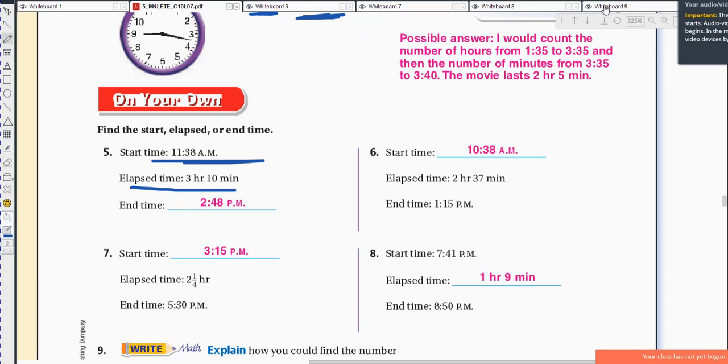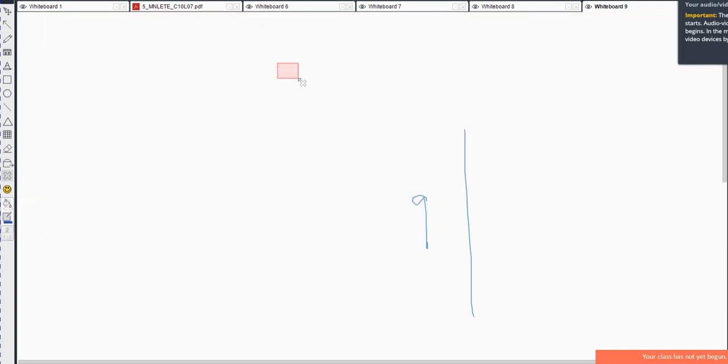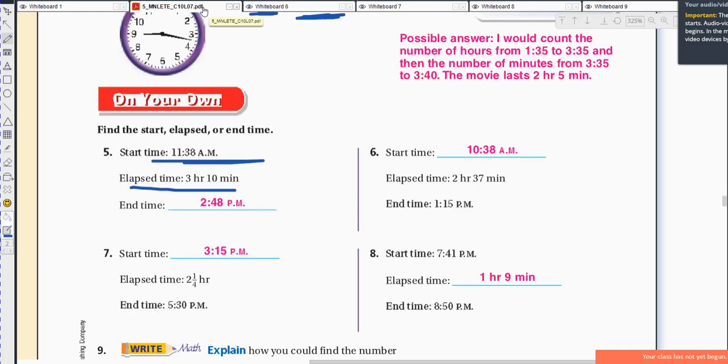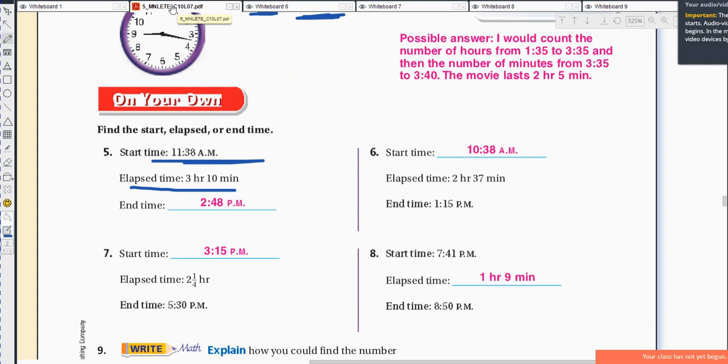In the same way, we have here 11:38 a.m. and here 3 hours and 10 minutes.